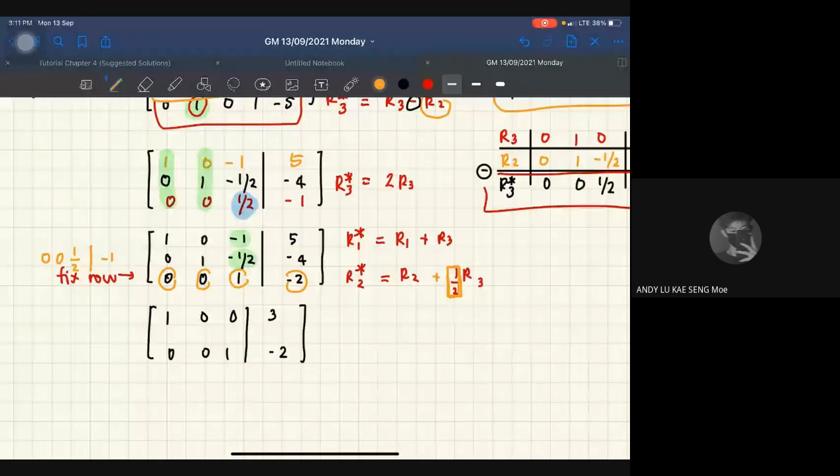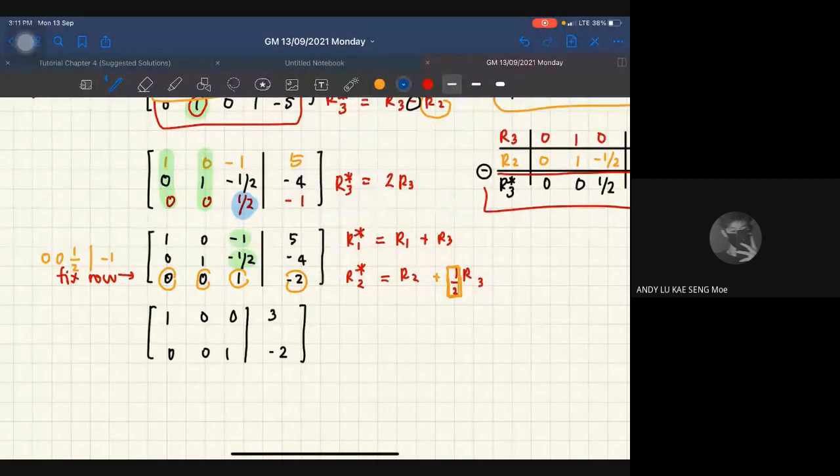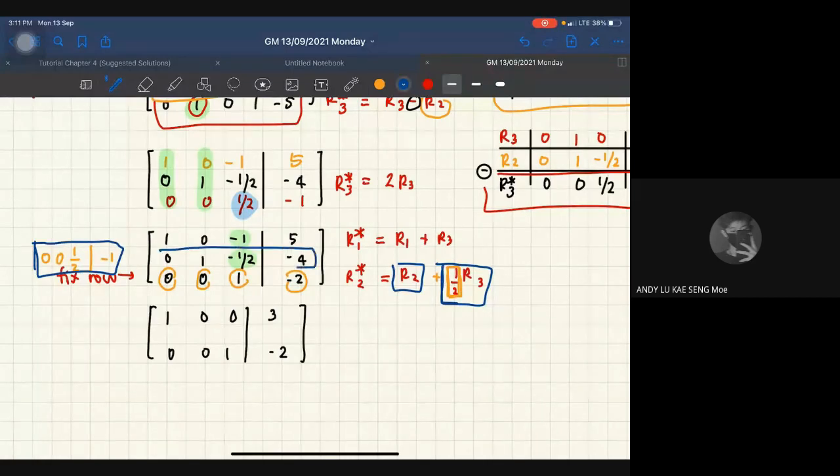Okay, alright, and then this one adalah method yang kita tengok dekat dalam video. Kalau awak nak guna cara ni pun okay je, no problem. Okay, so for this one kita akan buatkan row 2 tambah dengan 1/2 row 3. Okay, so this one adalah tadi 1/2 kali row 3. Okay, so maksudnya awak tambahkan sahaja this row dengan this one.